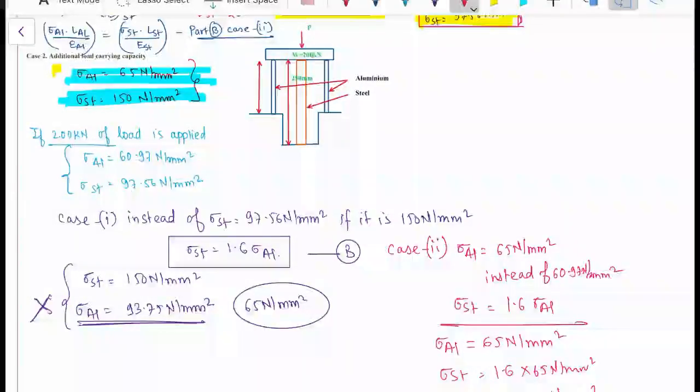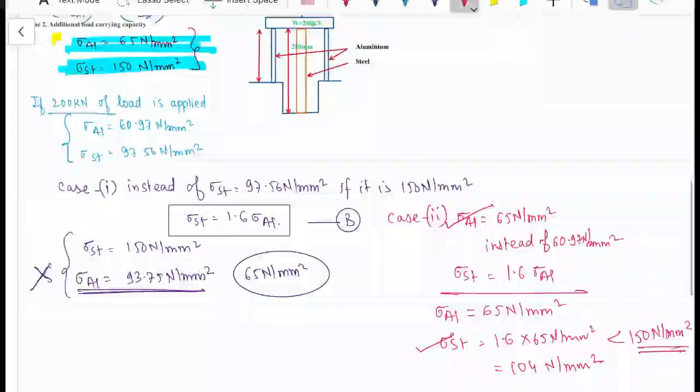Now this 65 is within the range, whereas sigma steel, which is 104 Newton per mm square, is less than 150 Newton per mm square. If it is less than 150 Newton per mm square, this value will be acceptable to us, as well as this value will be acceptable to us. Means only this case 2 will be acceptable to us.